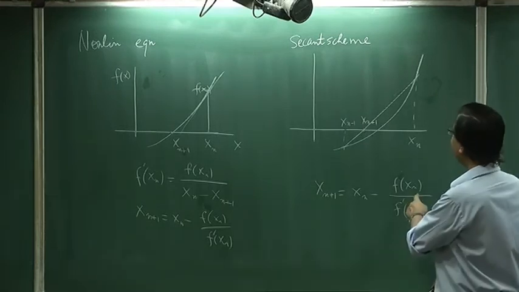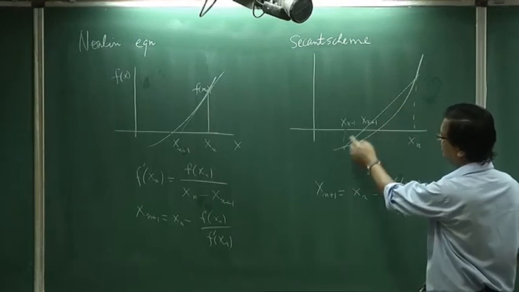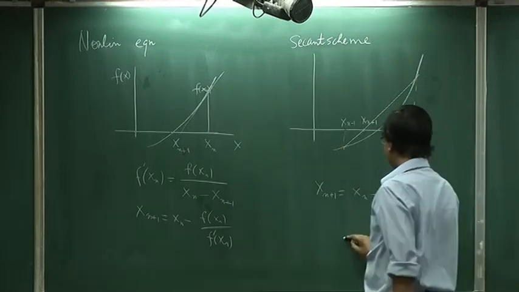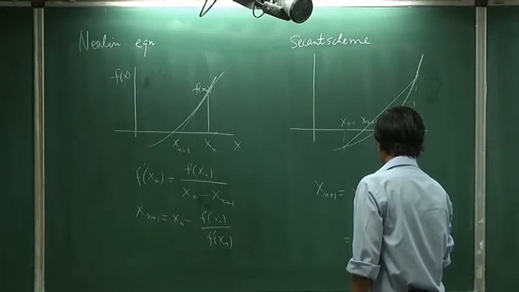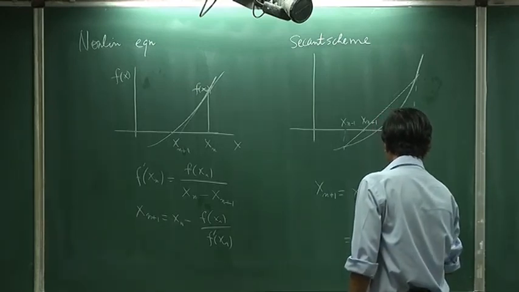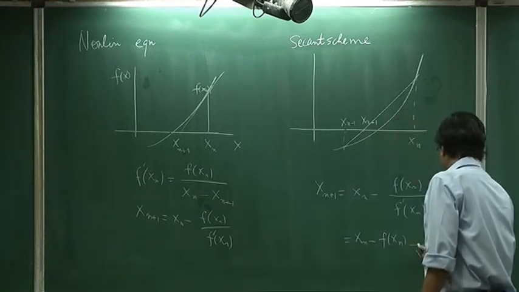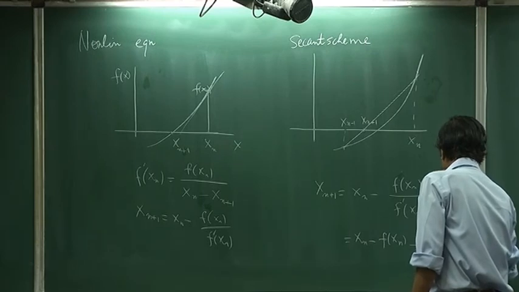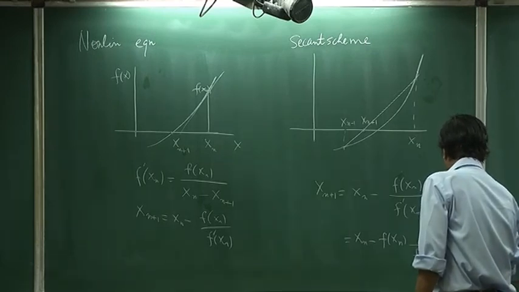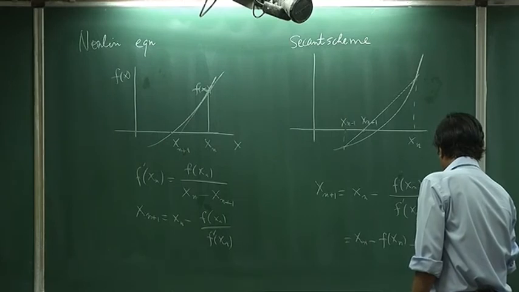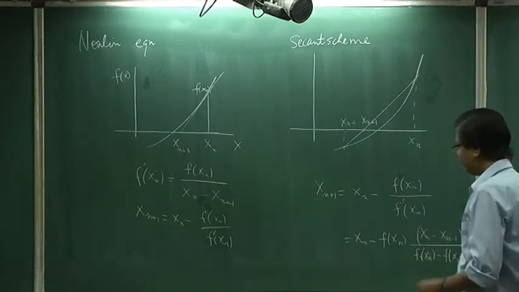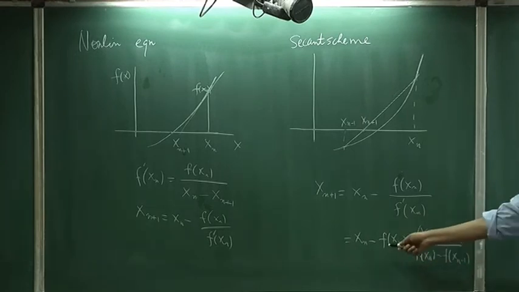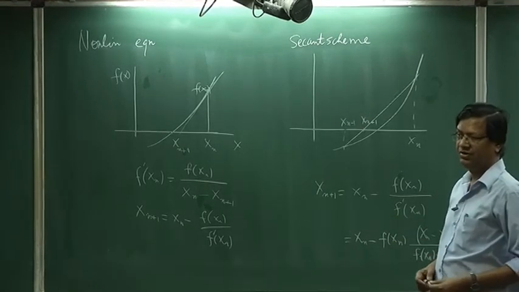But now for f prime of xn, I am going to use this slope, not the exact slope. So this will be written as xn minus f of xn, divided by the function at xn minus the function at xn minus 1, over xn minus xn minus 1. Okay. So I need 2 points, n minus 1 and n, and from that I can get xn plus 1.